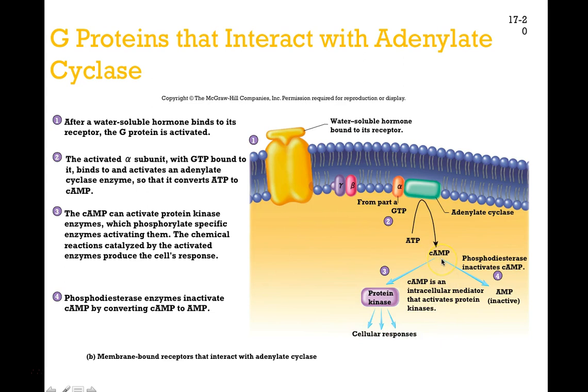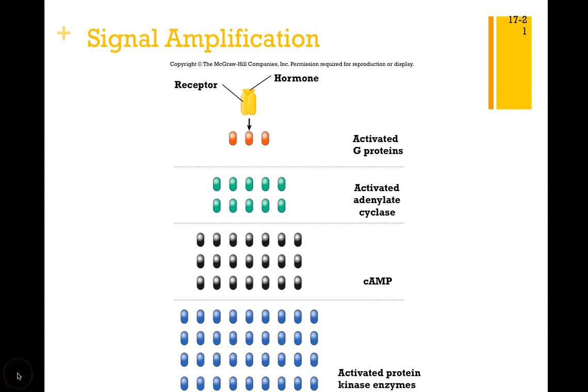The other thing it is going to do is use the enzyme phosphodiesterase to inactivate the cyclic AMP by converting cyclic AMP to AMP, its inactive form.